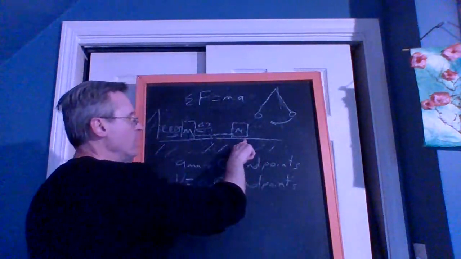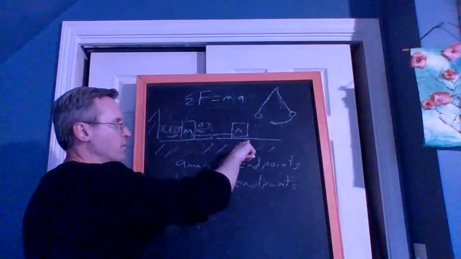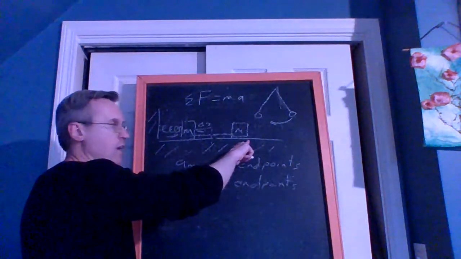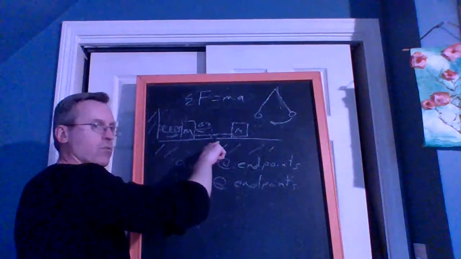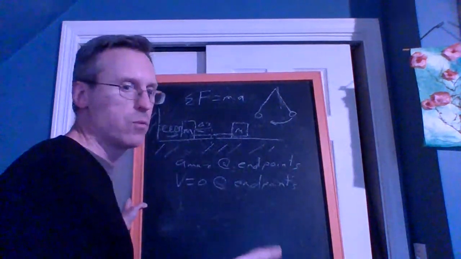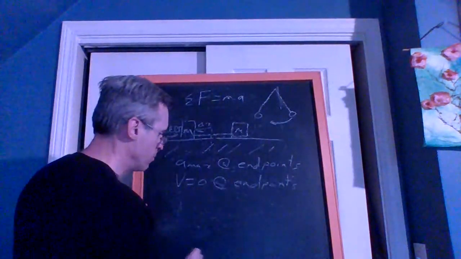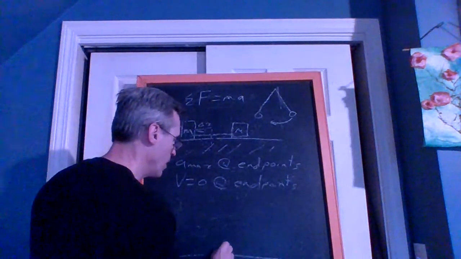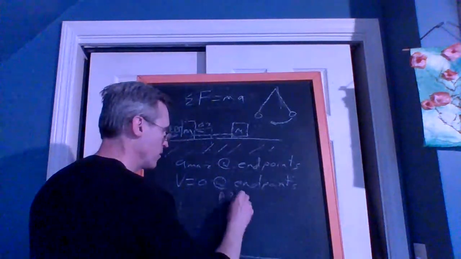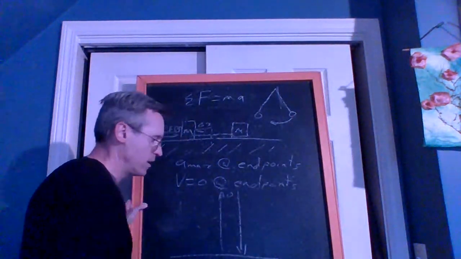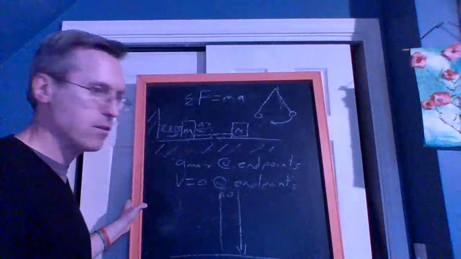That's the point where it stops going to the right, turns around. You have had experience with this in the past when you throw a ball up, and there's its highest point, and then it goes back down again.